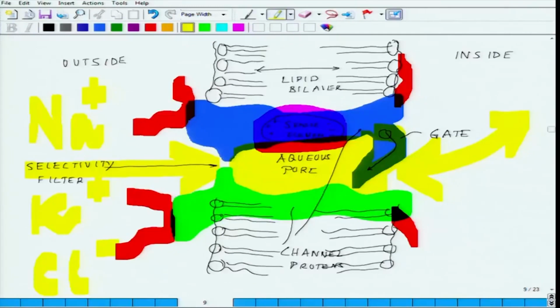And of course, apart from it there are maybe a few other glycoproteins which are sitting out here. Okay. So, this is the overall geometry, and this gate that you see out here is a mobile or movable gate. So, this gate basically moves in both directions. It can open according to the command it gets from the sensor element. So, this whole structure is the most beautifully evolved structure of ion channels.